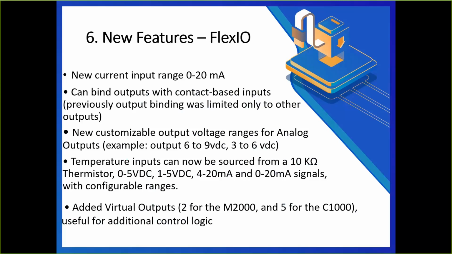It was so complex, it took 2 flex IOs to handle it. But we wanted to work off of one common temperature sensor rather than multiple temperature sensors. So this could be used to move an analog output to an analog input on another flex, or like I said, a linear transducer. We also have added virtual outputs. The M2000 hardware gets 2, the C1000 gets 5.